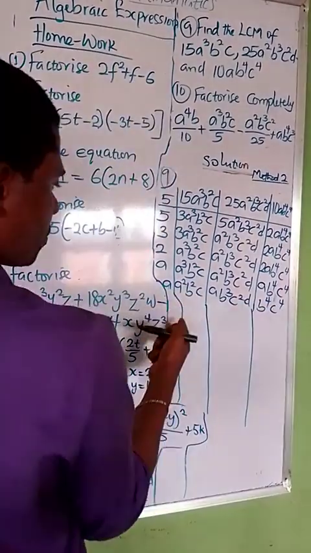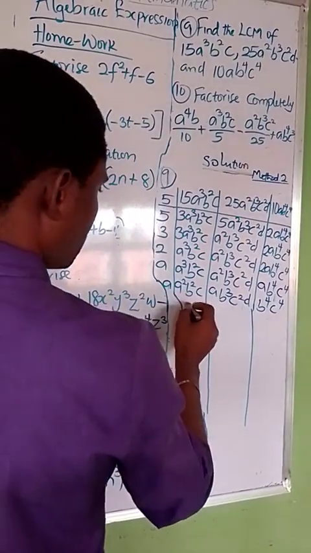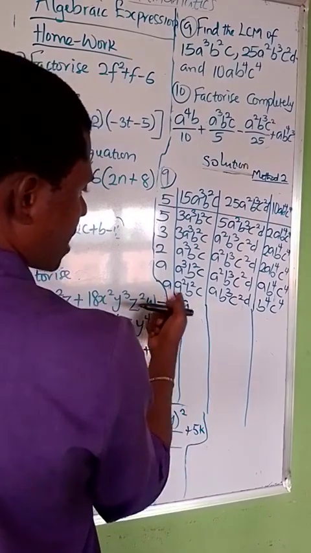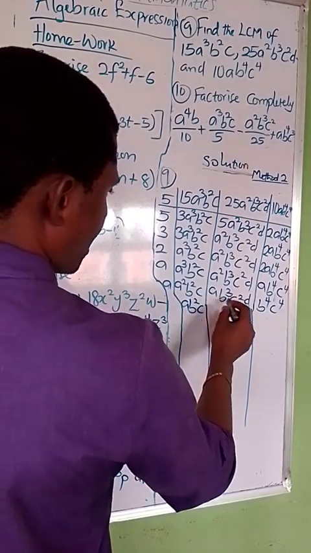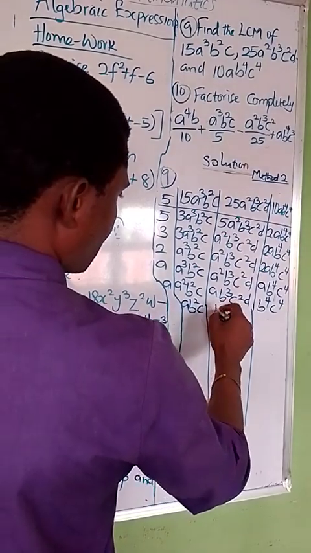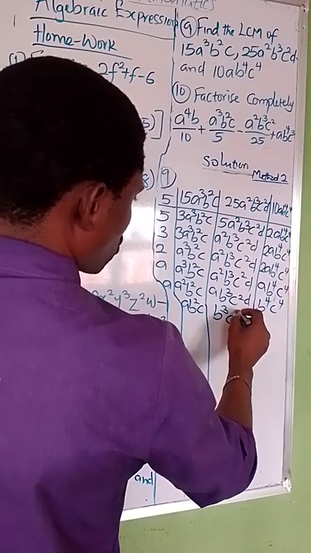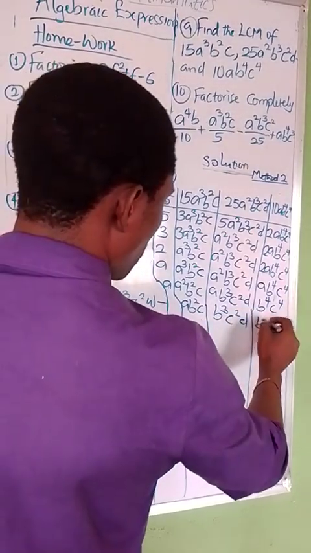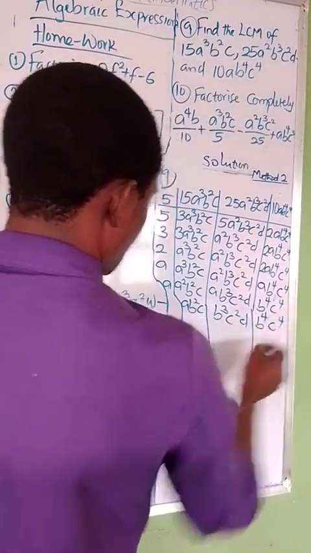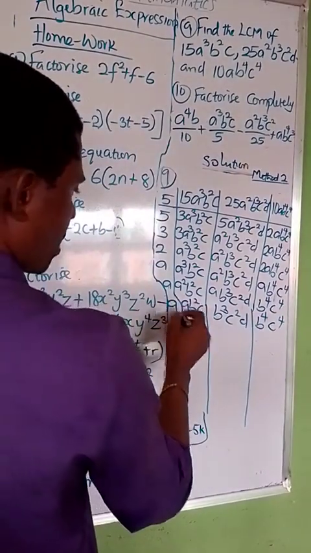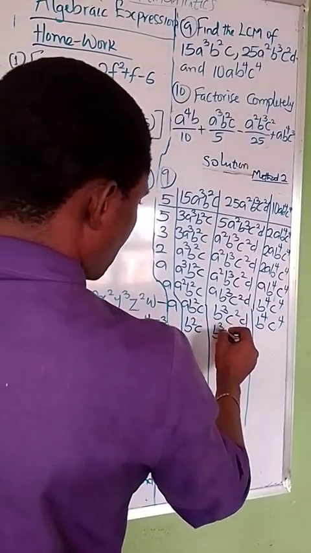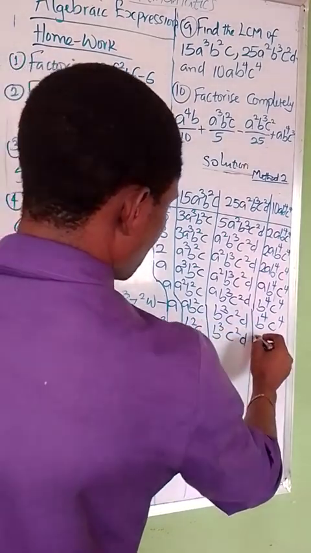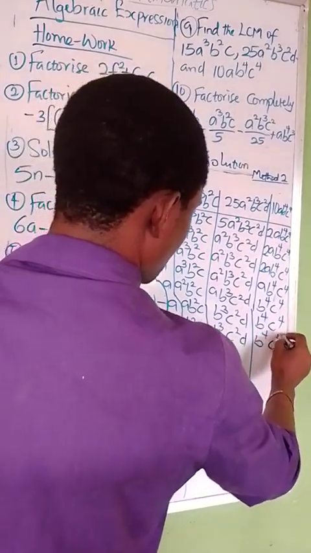A will be left after you factor it out. You now have b squared c. A will also be removed out here. You have b cubed c squared d. No more A here, you repeat it. A is still common here. You have b squared c. Then no more A, you repeat what is here.